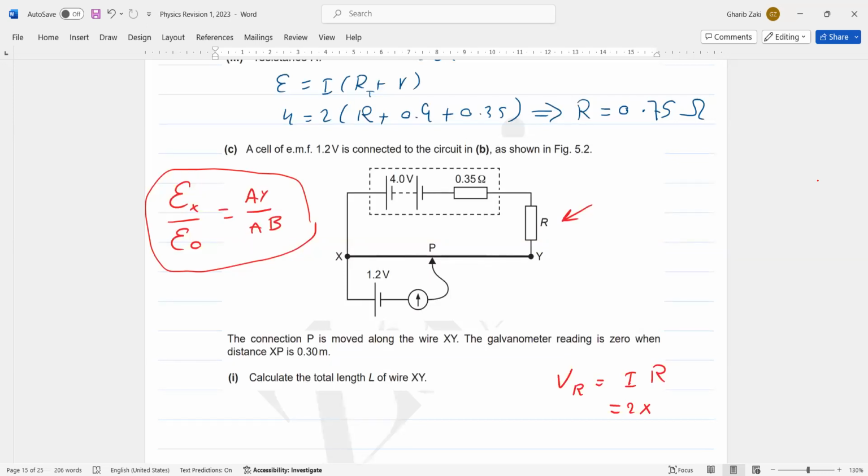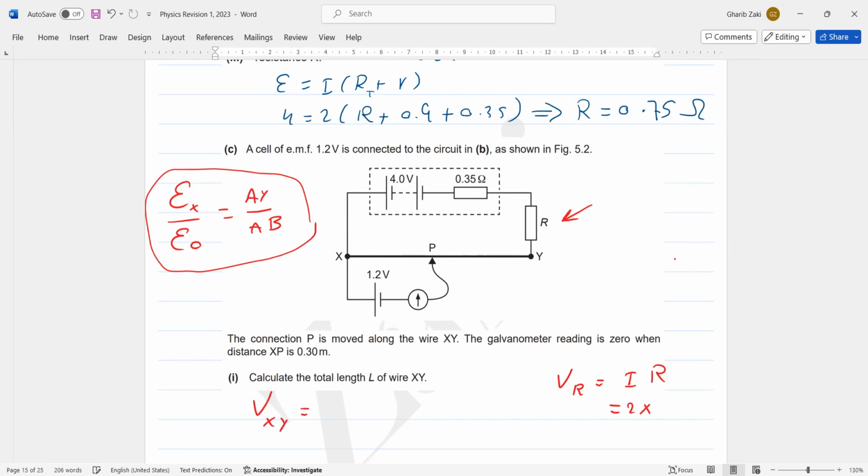I think it's given here, R. Let us do it one by one, the EMF of the connected circuit.